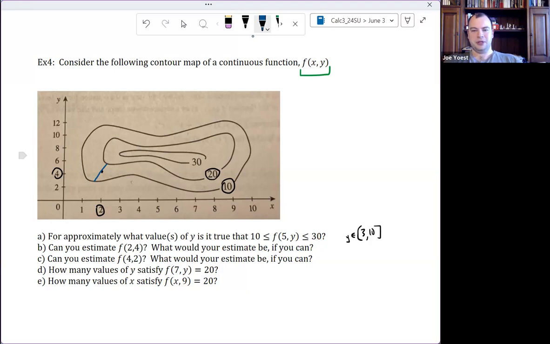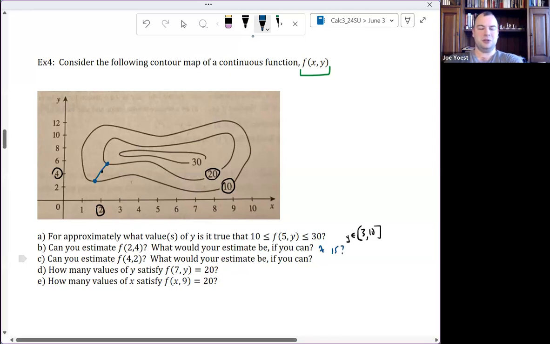So with my input being in the ballpark of halfway between two inputs on these two level curves, maybe I would expect my output to be roughly in the ballpark of halfway between the outputs of those two level curves. In other words, the average of 10 and 20, maybe about 15. Again, this isn't going to be a super precise estimate, but this gives us a ballpark anyway.